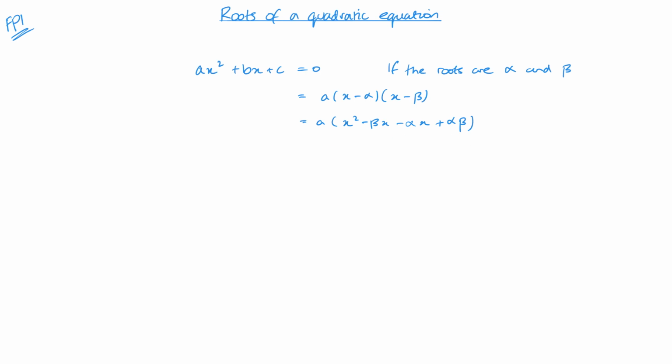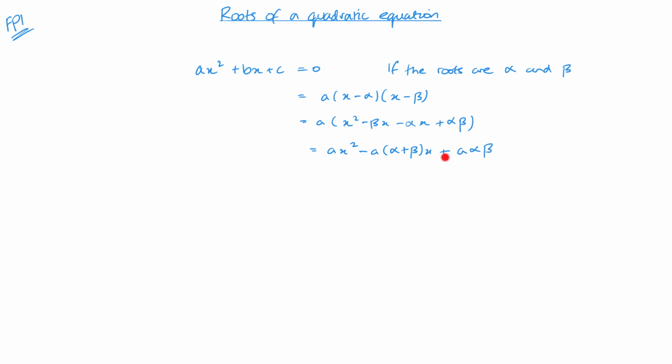Now if I expand this bracket, we would have ax squared, we'd have minus a times alpha plus beta times x, and we'd have a alpha beta. So if you remember from previously in 1.7, this is the same thing that you're used to seeing, but obviously we weren't dealing with a, as a was just 1 in those cases.